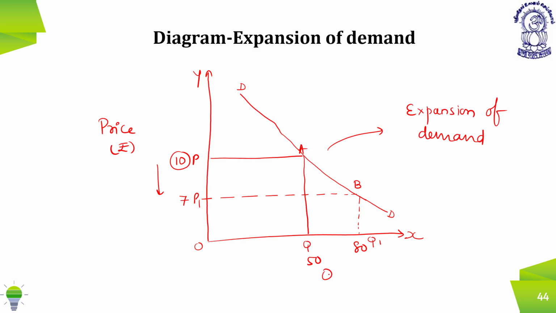Over here the price is shown, and over here on x-axis the quantity demanded is shown, that is in units.